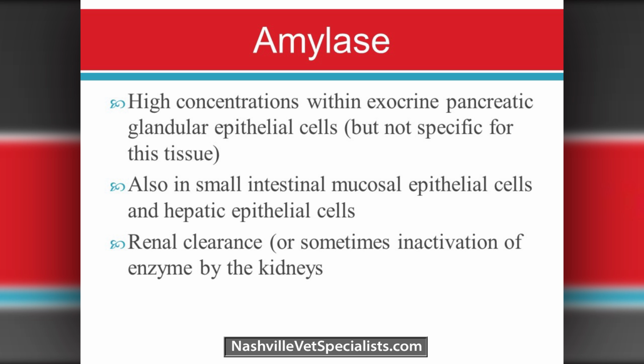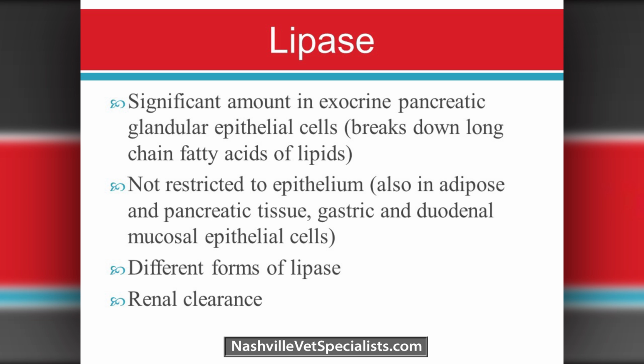And if you have kidney disease, for sure you're going to have decreased GFR, so you really can't clear the amylase as well. There's also probably something to do with the inactivation of the enzyme by the kidneys, and the kidneys not doing a very good job. You're going to have a higher amylase. So it's a breakdown also, not just a clearance. Similar to lipase.